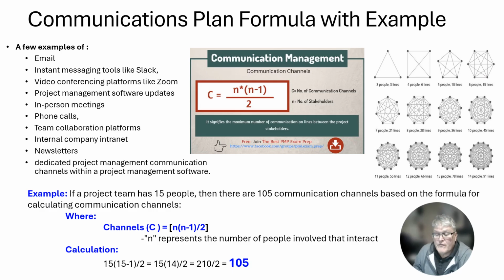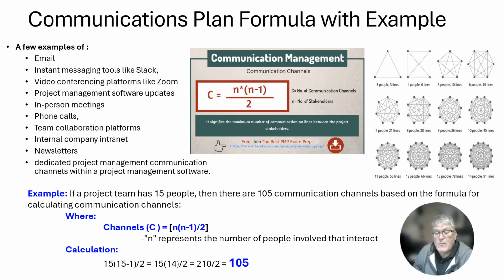So if, for example, you have 15 members on your project management team and you want to know how many channels of communication there are between all of you, the formula for determining that, and you'll likely see that on the CAPM exam, is N is the number of stakeholders that need to be contacted. So it's N times the quantity N-1 divided by 2.